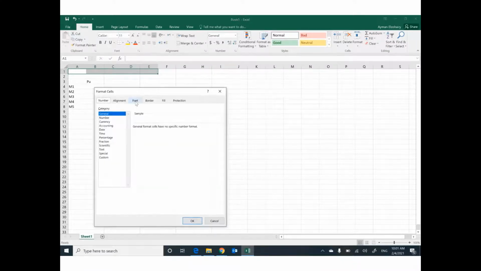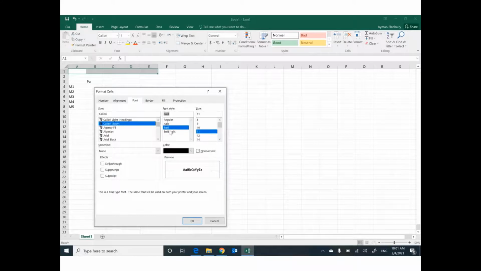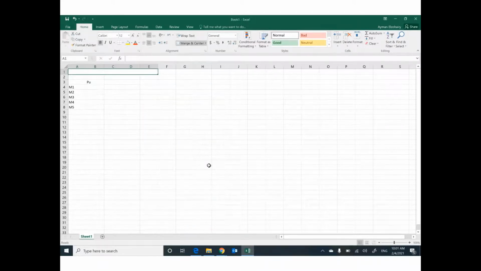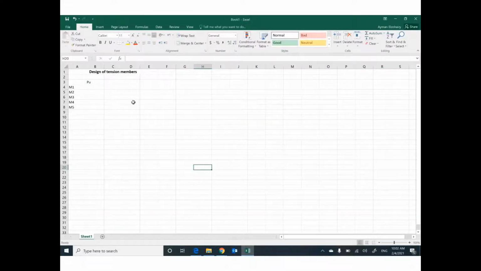I'm talking right now about format cell, alignment, center, merge, font, bold, 12, design of tension members. So this truss, I will select which members are tension, and I will list them in this Excel file.